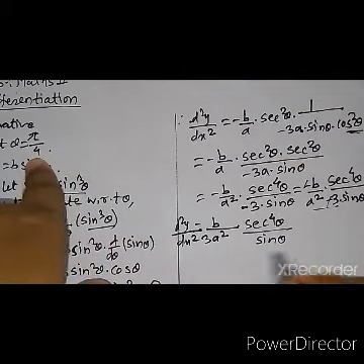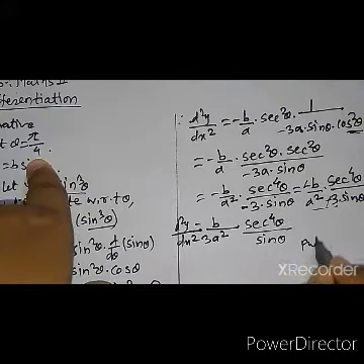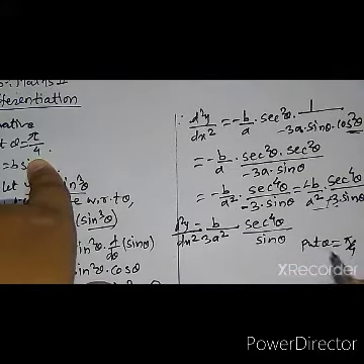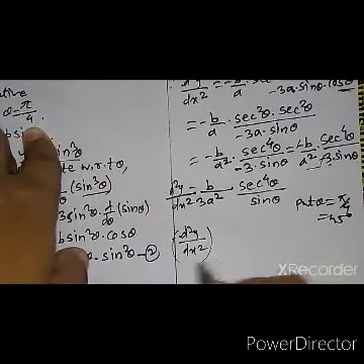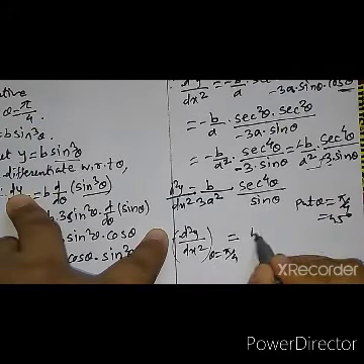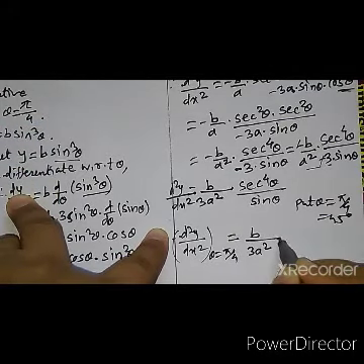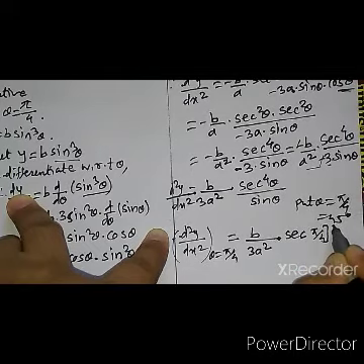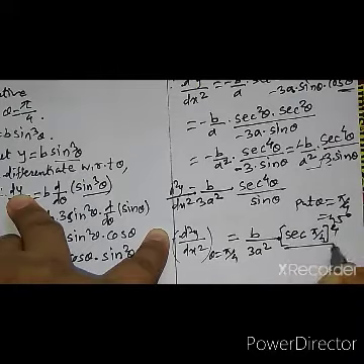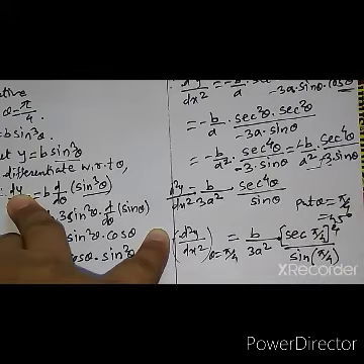But we have to put theta is equal to pi by 4. Pi by 4 means 45 degrees. Therefore d2y by dx square at theta is equal to pi by 4 is equal to b upon 3a square into sec pi by 4, bracket raised to 4, upon sin theta, that is sin pi by 4.